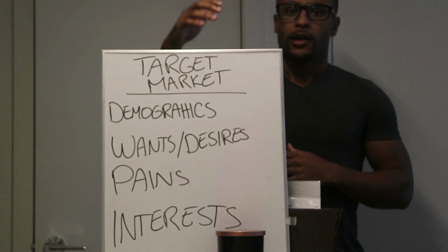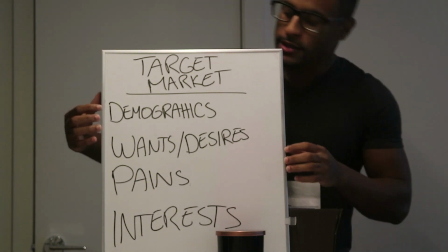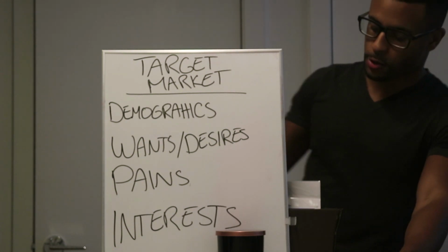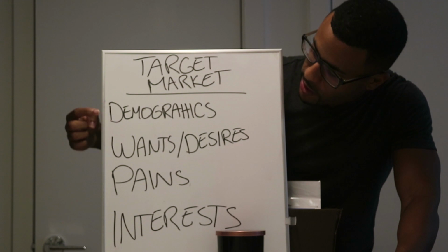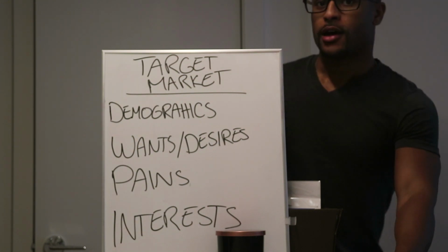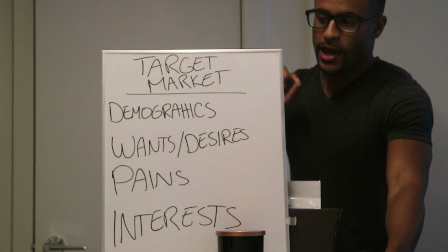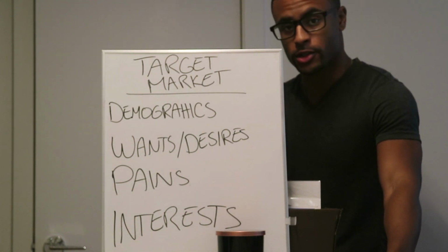There are four things that you need to think about when you are defining your target market. The first thing is the demographics. This is the main part that people think about and talk about when they're talking about target market.